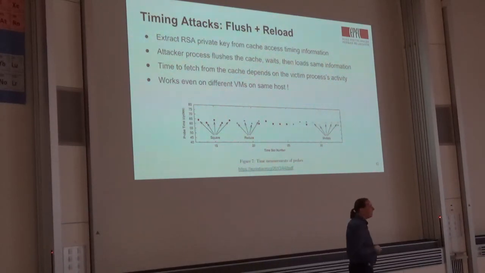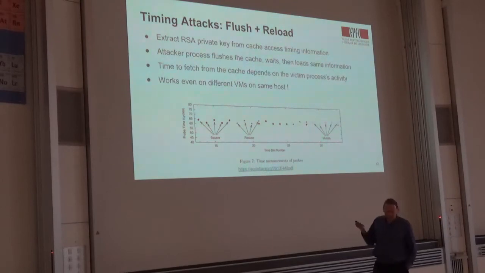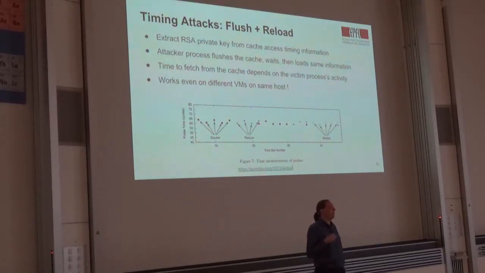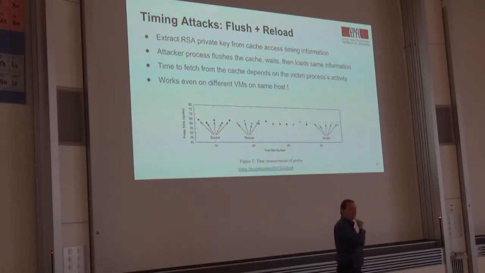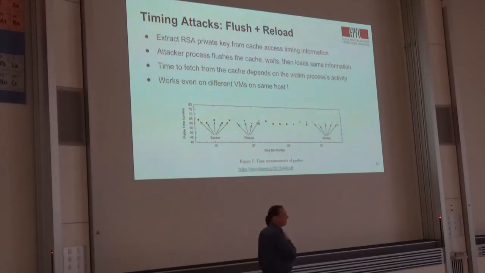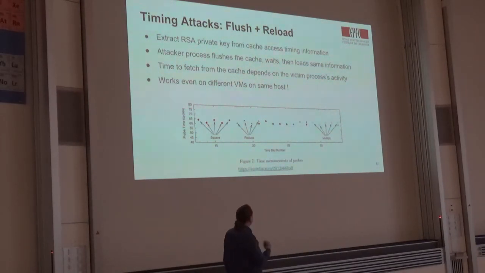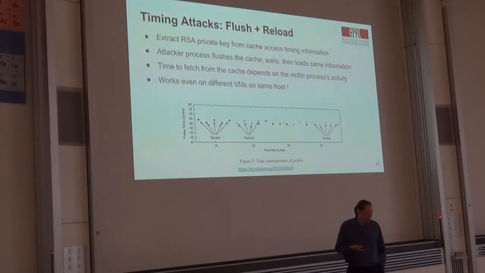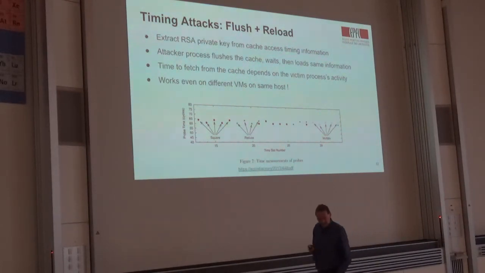In particular, it's become standard practice to write cryptographic code with constant time operations, which is a pain. But this kind of attack will not be effective if the cryptographic code is written so that it always takes the same amount of time to execute, independent of what the secret input is. But that hasn't been the standard practice until recently.